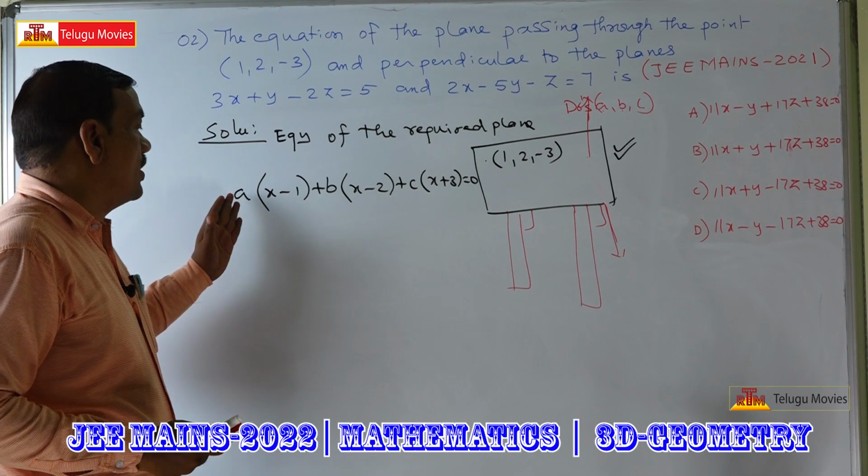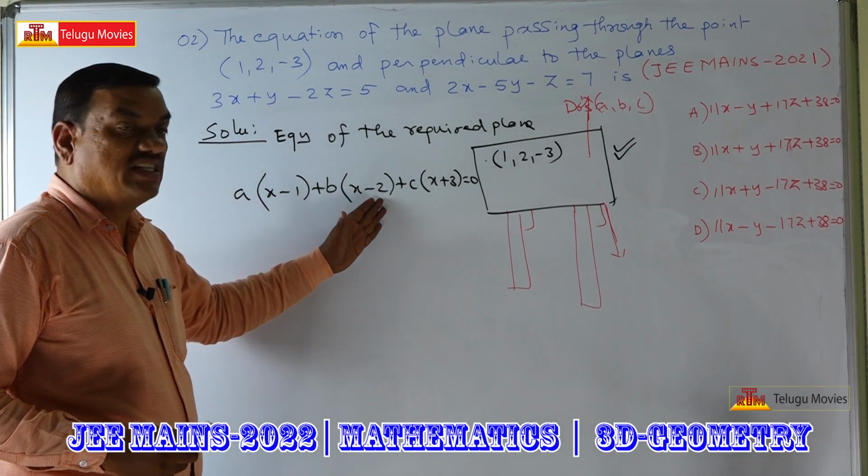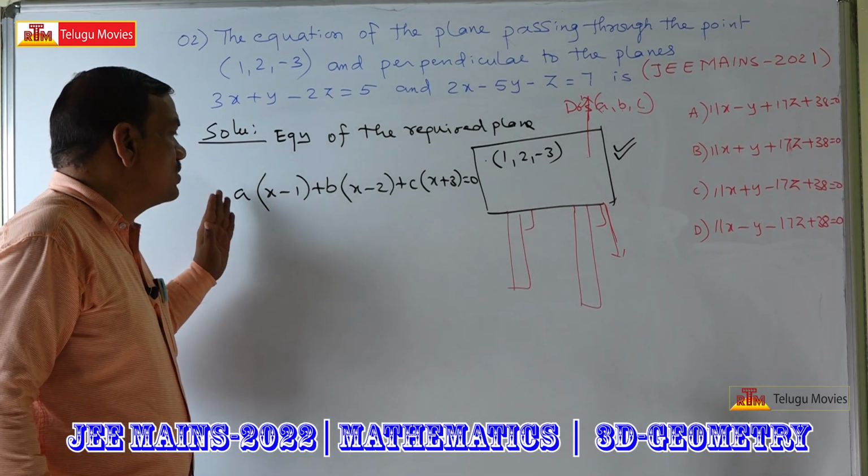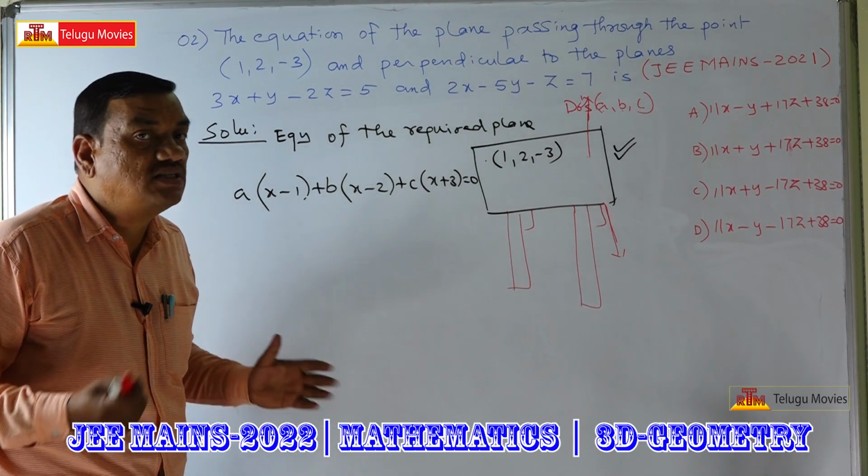Just as I told, a into (x minus x1) plus b into (y minus y1) plus c into (z minus z1) is equal to 0.